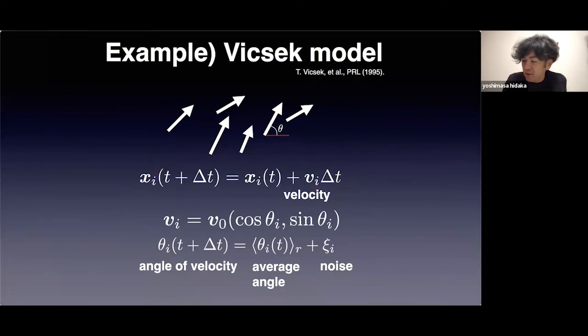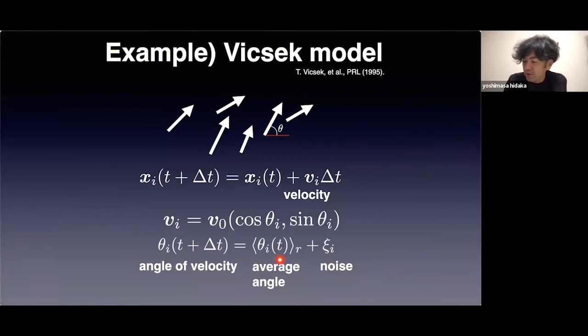The point of this model is that the absolute value of the velocity is constant, but the direction can change by interacting with different particles. This arrow corresponds to a different particle, and the direction corresponds to the direction of the velocity. The angle can change by the interaction and noise, which corresponds to the interaction between the system and the environment.